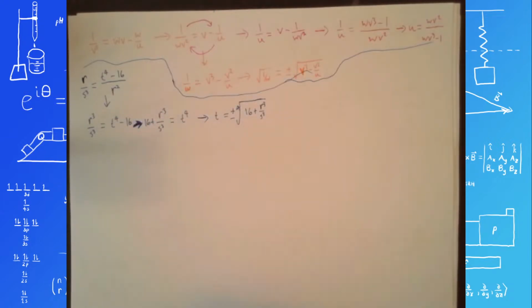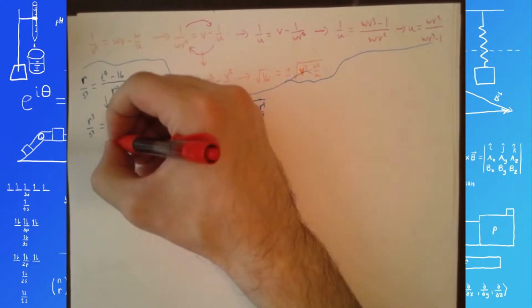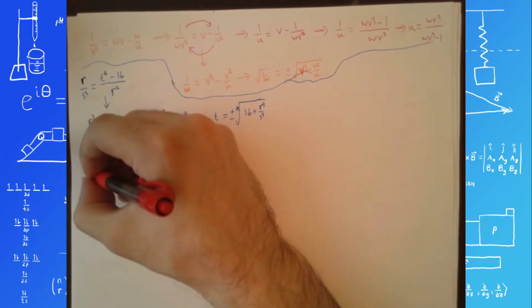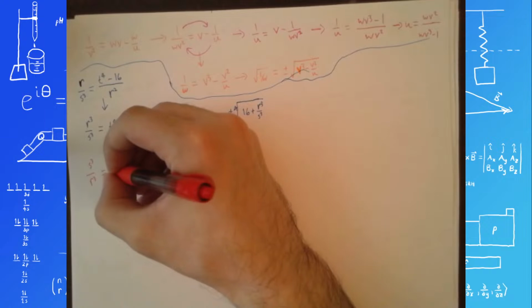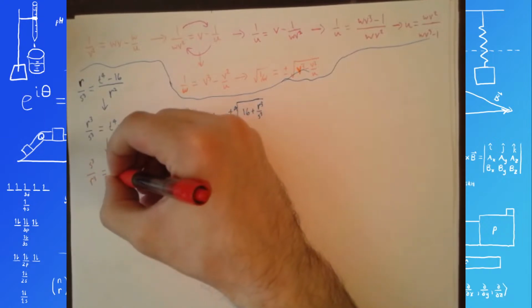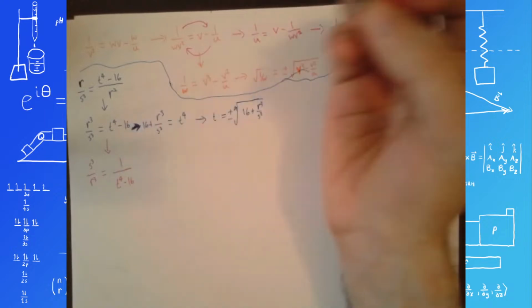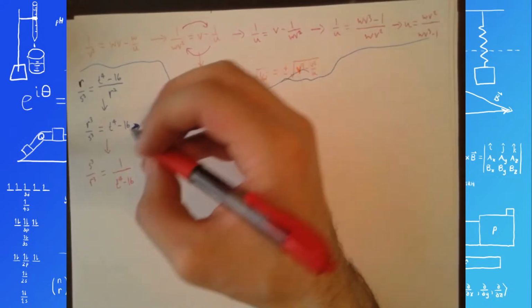I don't even have to follow that order. I could take the reciprocal first, which I think I'm going to do. So I'm going to write s cubed over r cubed equals 1 over t to the fourth minus 16. And then cube root both sides. Cube roots do not need the plus or minus.